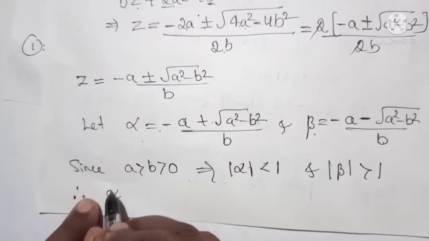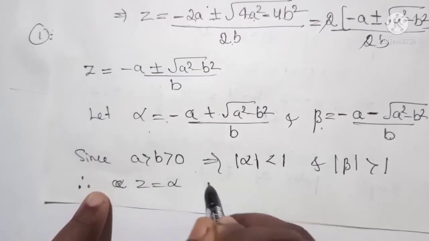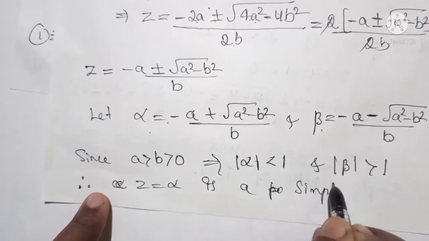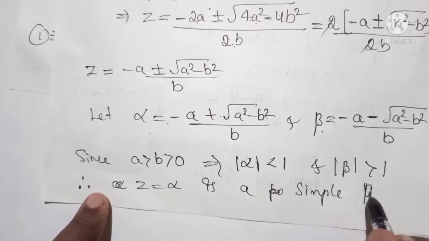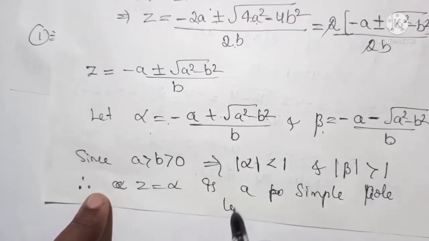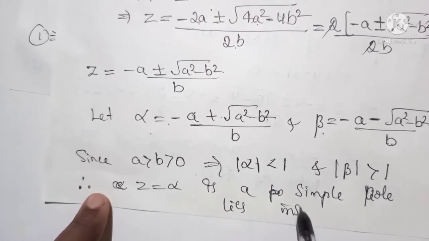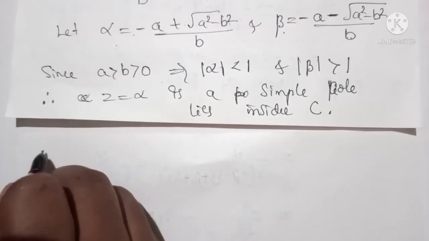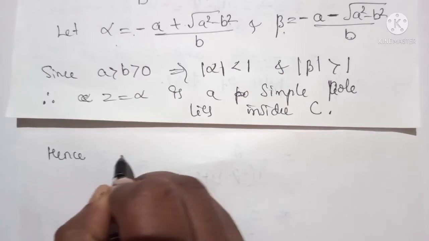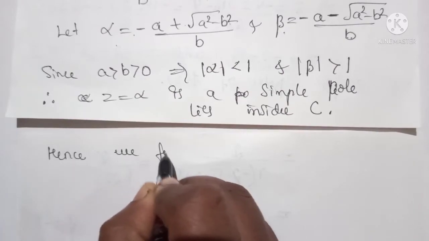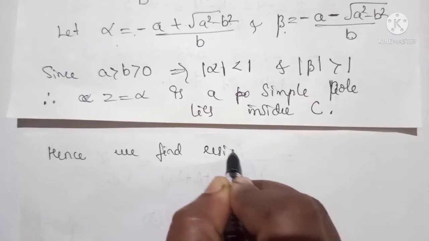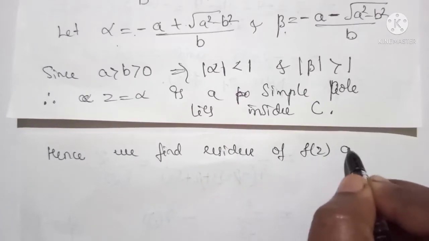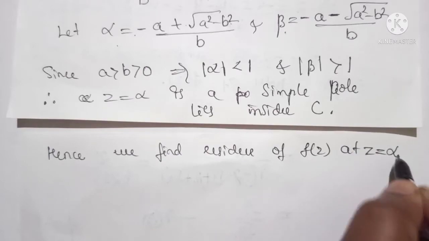So therefore z equals to alpha is a simple pole that lies inside C. Hence we find the residue of f of z at z equals to alpha.